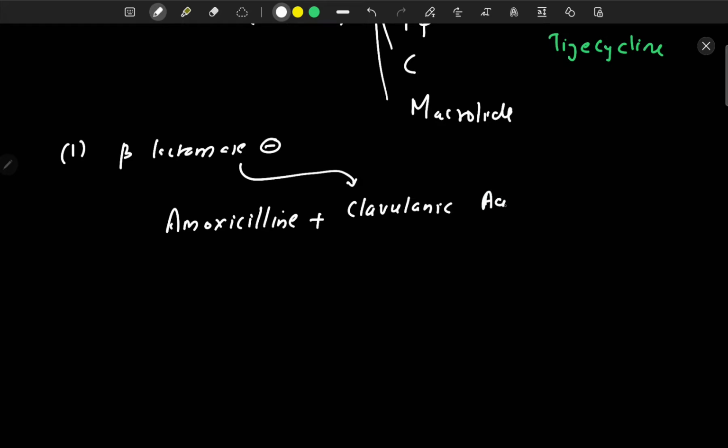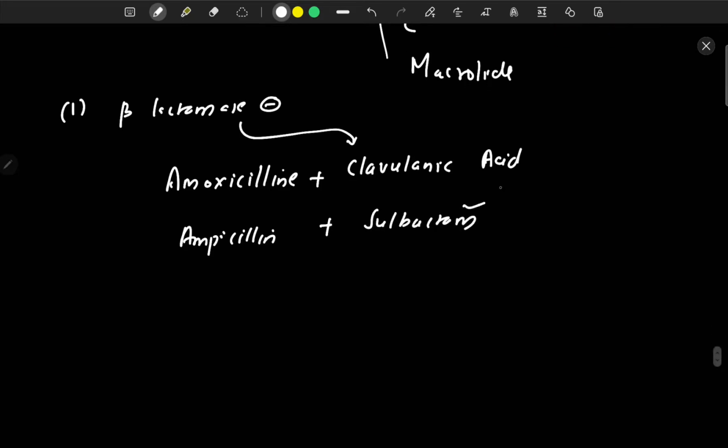We can combine ampicillin with sulbactam, which is also a beta lactamase inhibitor. Actually, this sulbactam alone can be used to treat Acinetobacter.